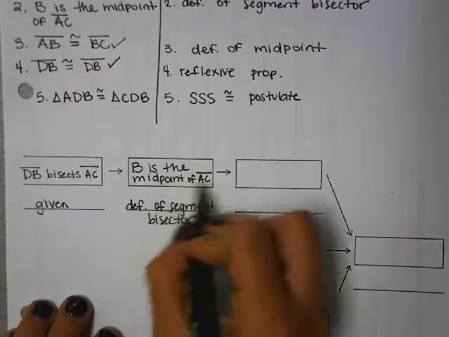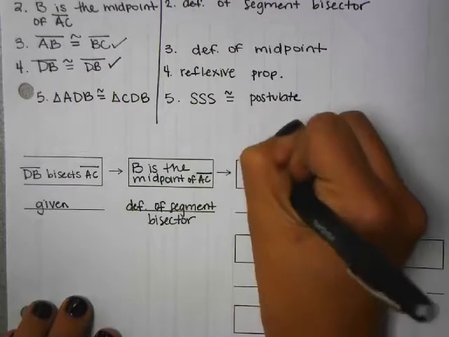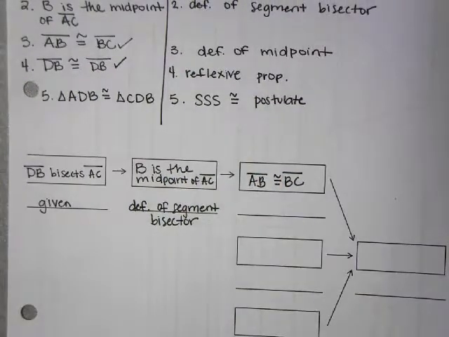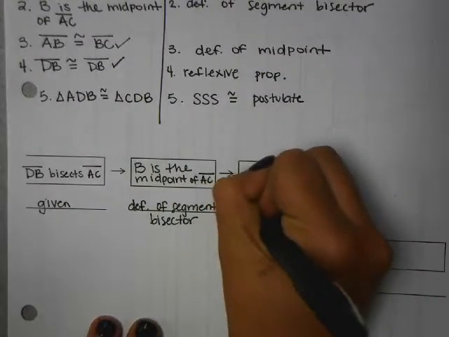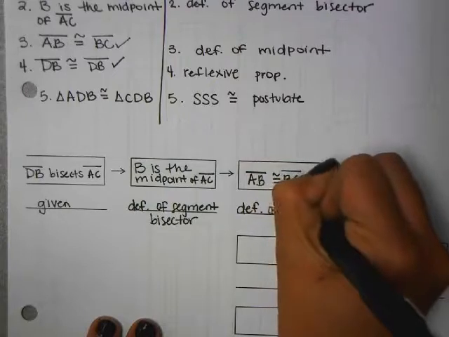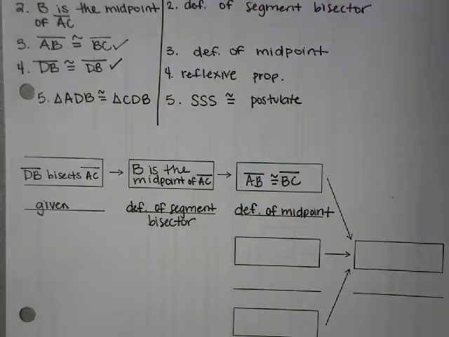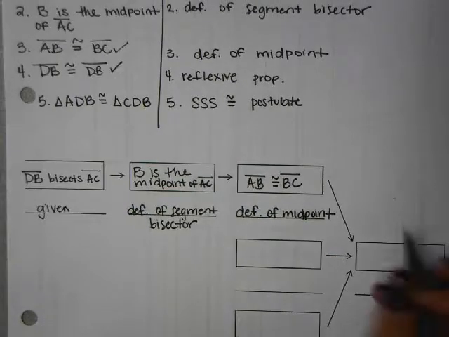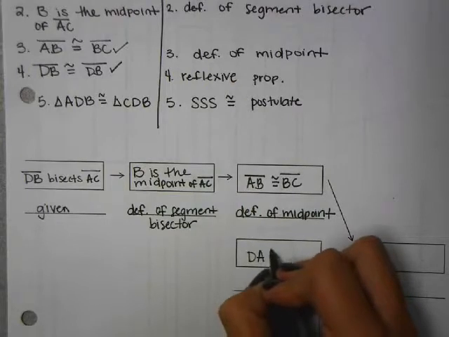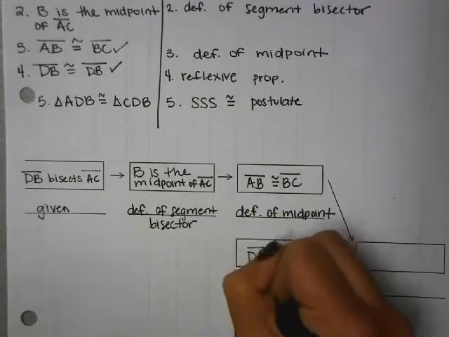Alright, so then from here, well, if we have the midpoint, then we know that AB is congruent to BC. And this is definition of midpoint. Okay? Alright, so then what else do we have? Well, we could say that DA is congruent to DC, and this was given.